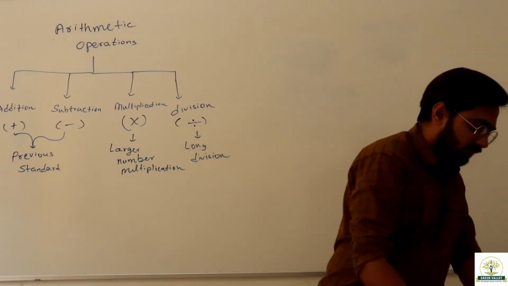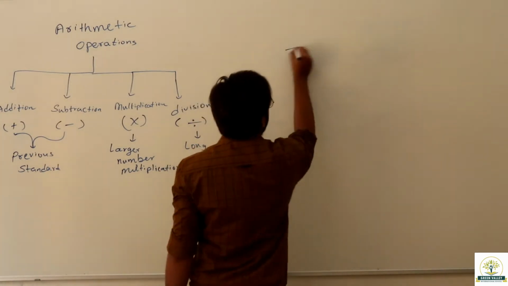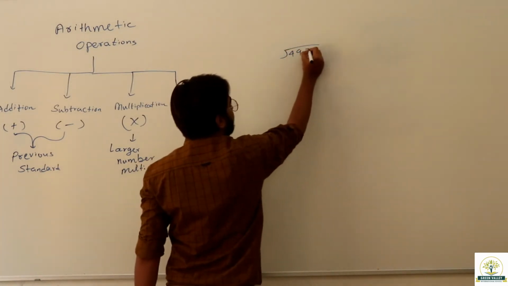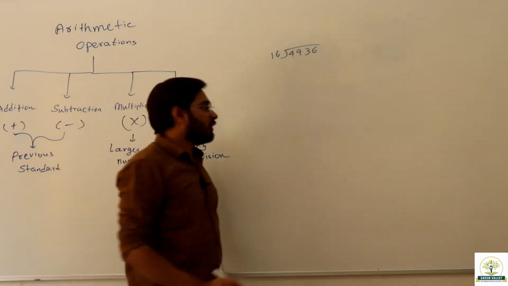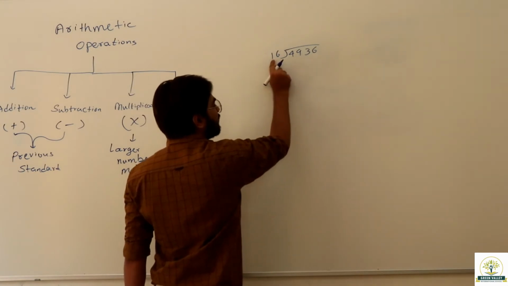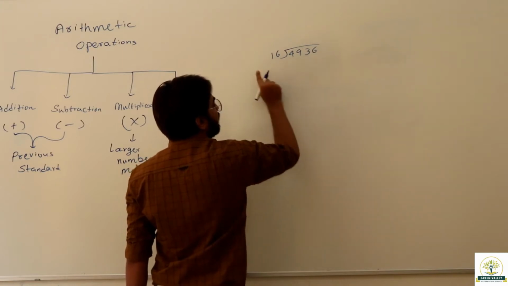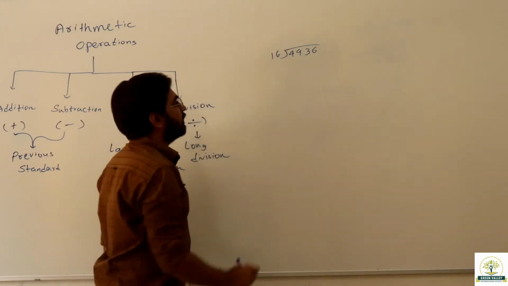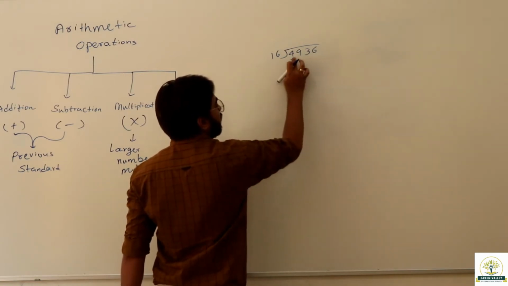Let us do 4936 divided by 16. What we usually do is we check the number of digits here and here. Here there are 2 digits, these are 4 digits. Because this is 2 digits, we will start off with first 2 digits.